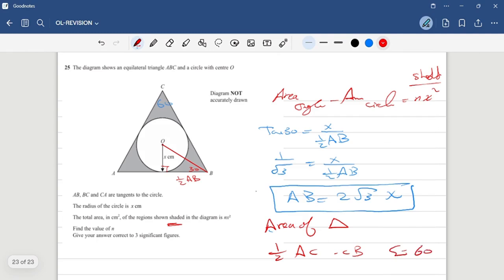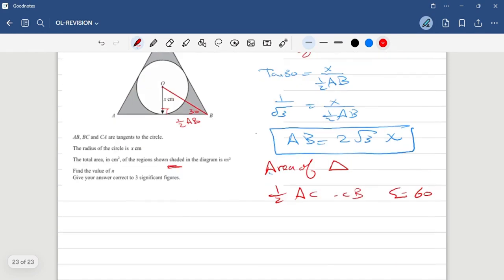So let's assume for this part here, this is half, and AC, AB are the same because it's an equilateral triangle, so it will be 2 root 3 x all power of 2 multiplied by sine 60, which equals root 3 over 2. So this is the value of sine 60, by the way.